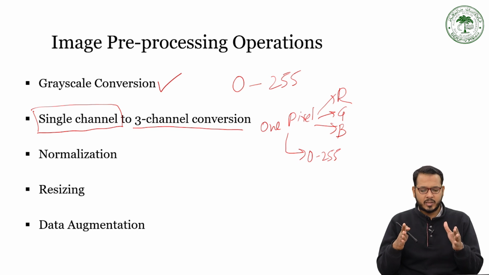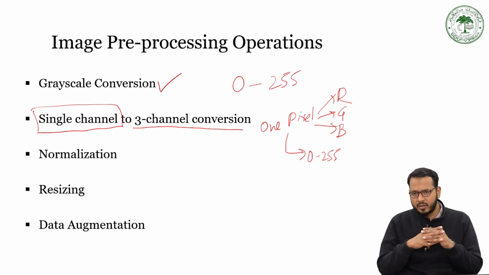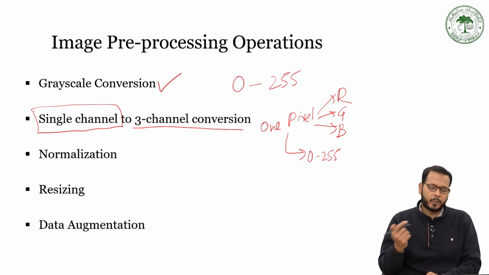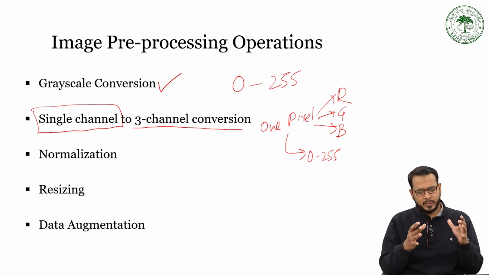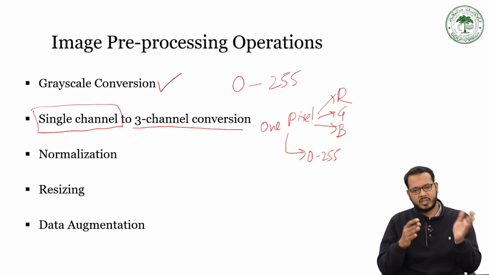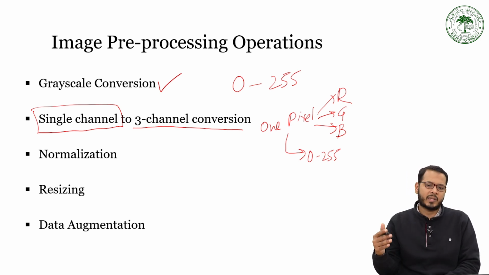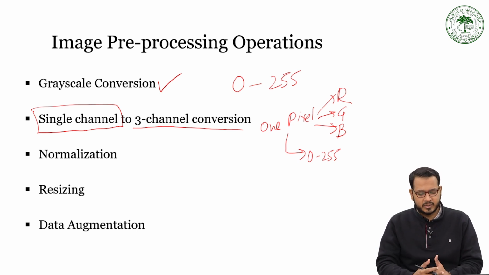In these predefined models, you cannot insert a grayscale image as such. So, in order to use those pre-trained models, we need to first convert our grayscale image, the single channel image, into a 3-channel image. Then only we can pass it into these pre-trained models. So in those cases, we sometimes require this operation also.